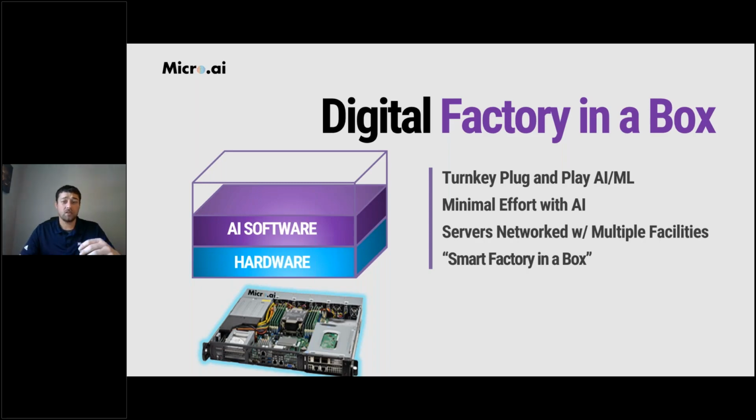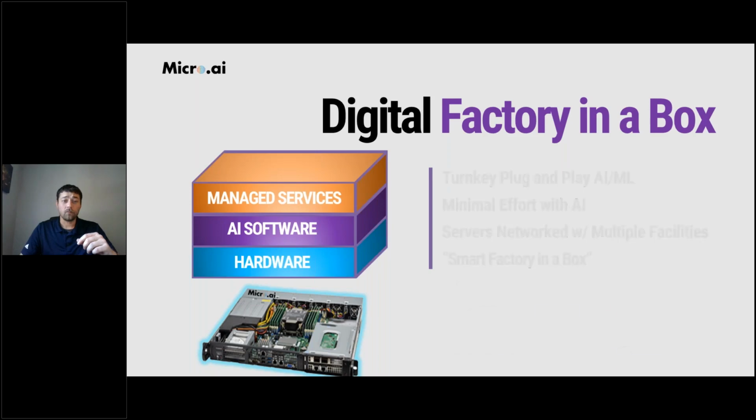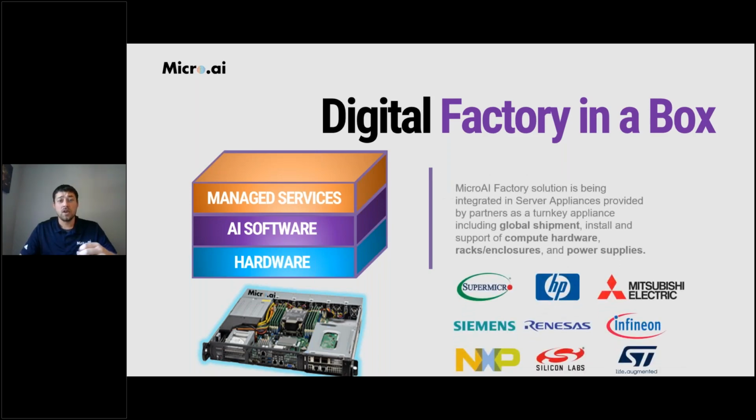And then above that, you have the managed services such as training, on-site training, user support, and support for the software and hardware. And all of these, the factory solution, is done through our integrated server appliance partners, and we ship globally and take care of all of that.